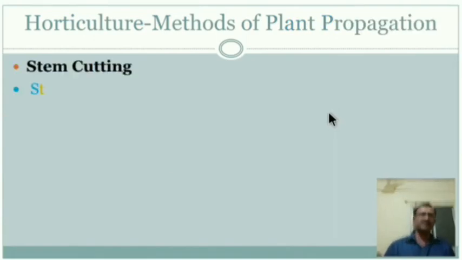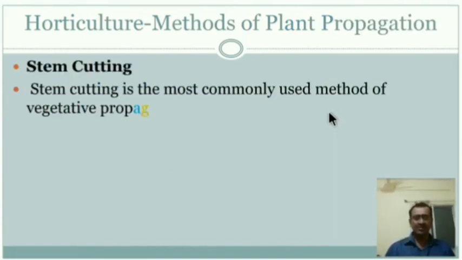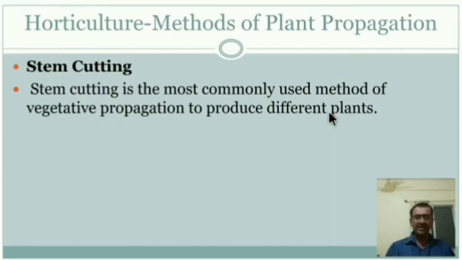The first type is stem cutting. Stem cuttings are placed in the soil in their natural position. Firstly, take a stem of the desired size and make a slanted cut on the stem.